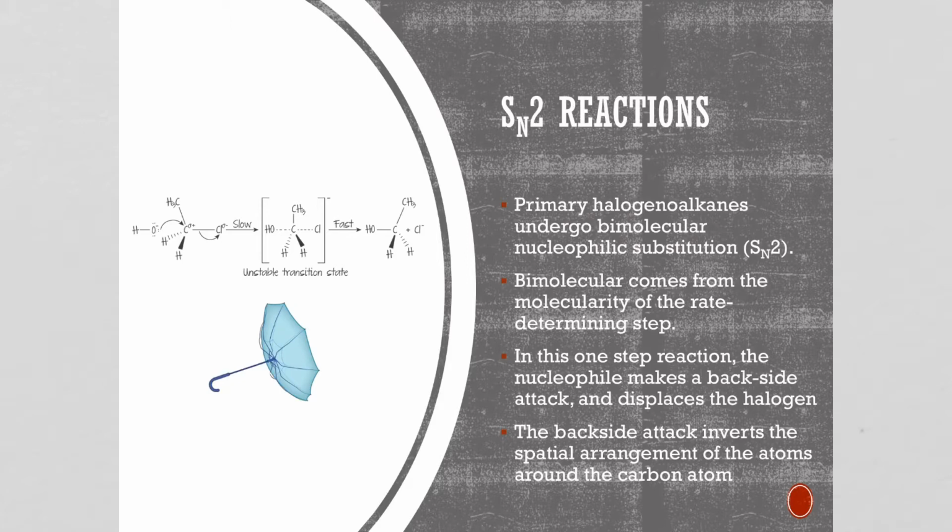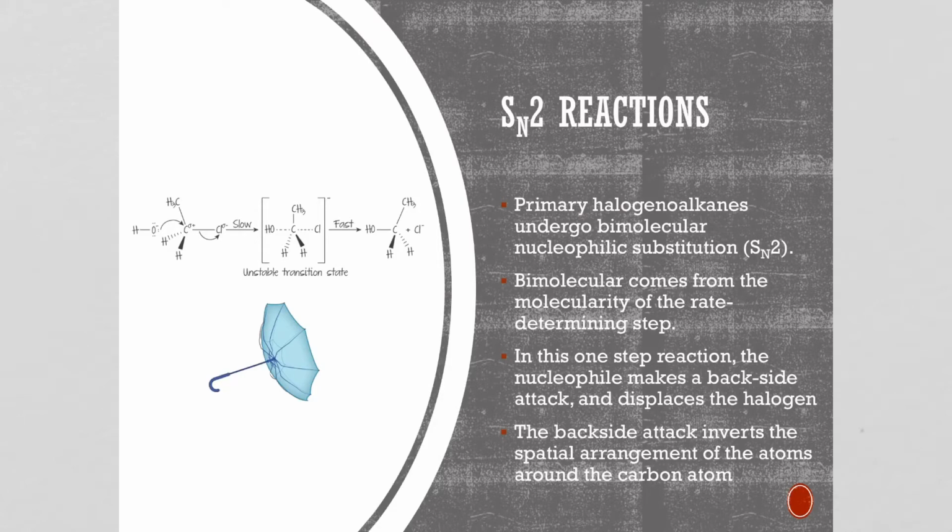So remember, a primary halogenoalkane means that the halogen is attached to a carbon that has two other hydrogens. So it's said to undergo bimolecular nucleophilic substitution. So that's where the 2 comes from, the bimolecular. And then the S is for substitution and the N is for nucleophile.